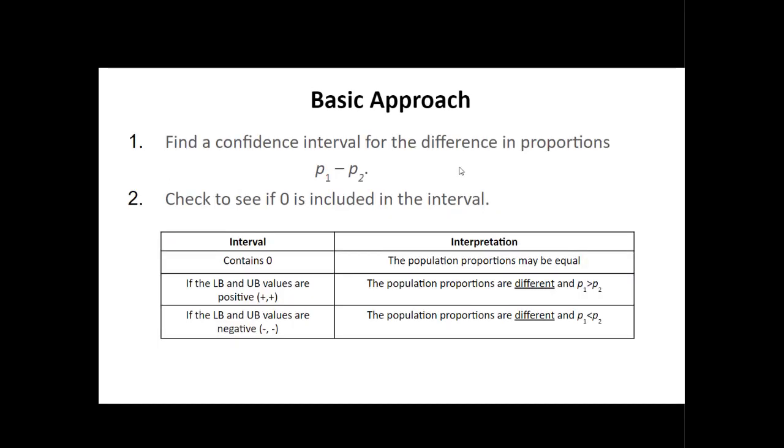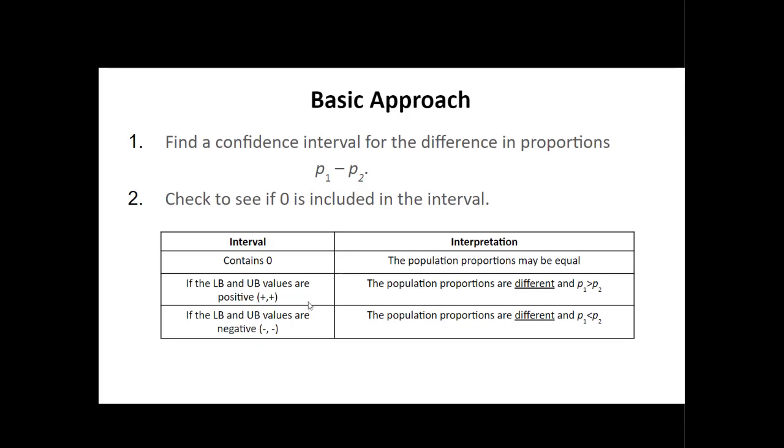So when we're looking for the confidence interval for the difference in the proportions, in order to interpret it, we want to see what numbers are captured within the lower bound and the upper bound. And we want to see if 0 is captured within that interval. If the interval contains 0, this is some evidence that the populations are equal.